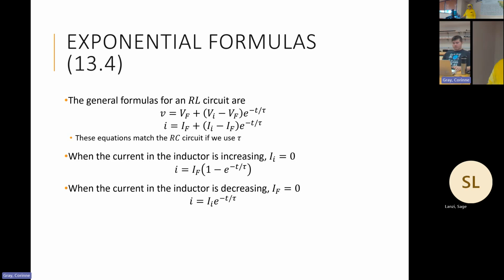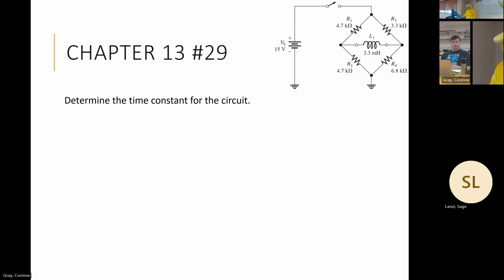Any other questions so far? So we are going to work our way through 29 and 30. For 29 here, we are going to solve for the time constant of the circuit. The inductance part of it is pretty easy. We only have one.